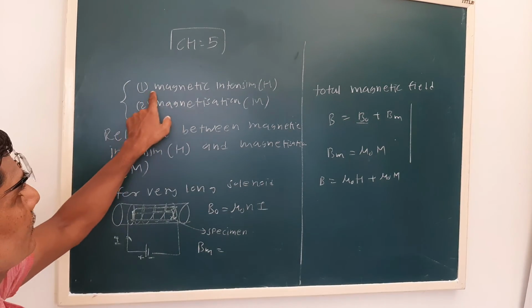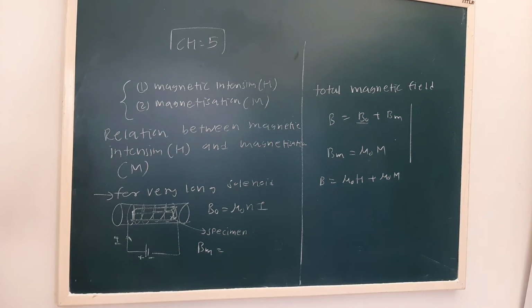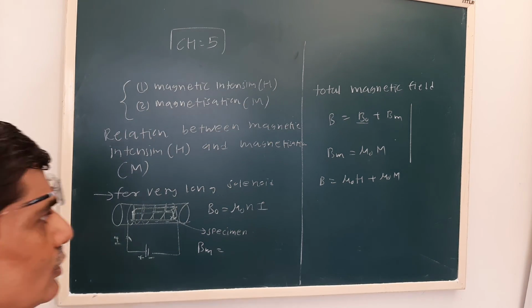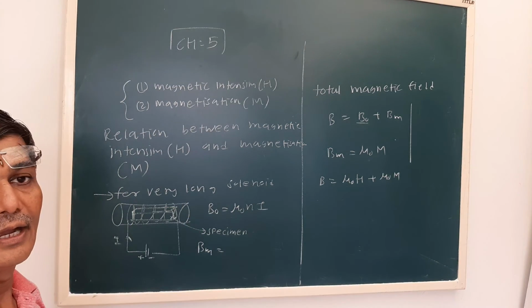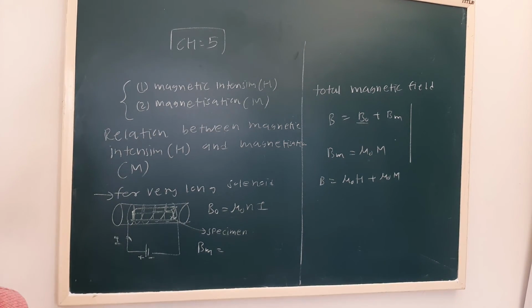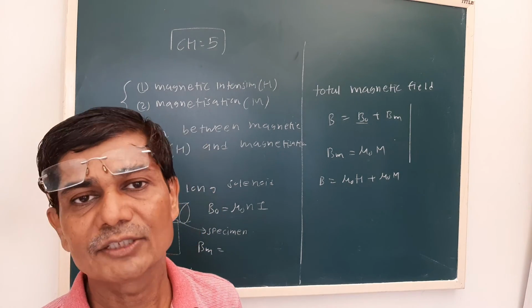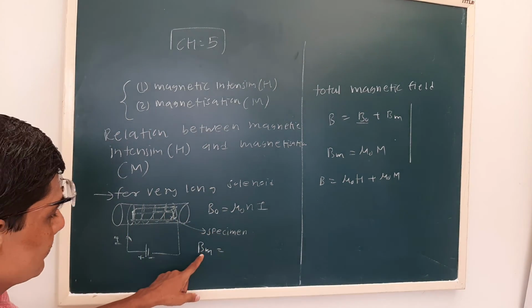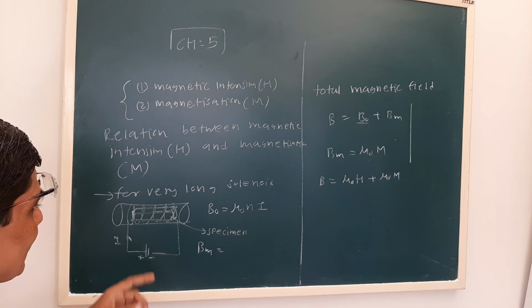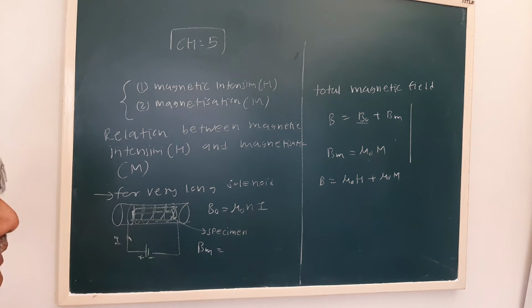As I told you, H is called our magnetic intensity. Now both will be in such a way that they are helping each other. That means there will be a summation of the two magnetic fields. One is because of the solenoid and one is because of the magnetic property of the specimen which we have placed.